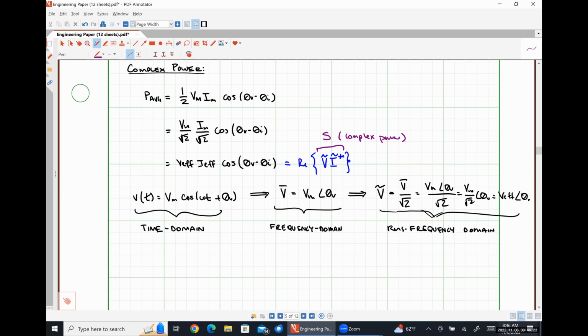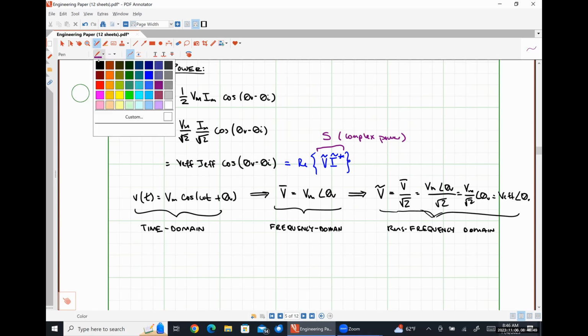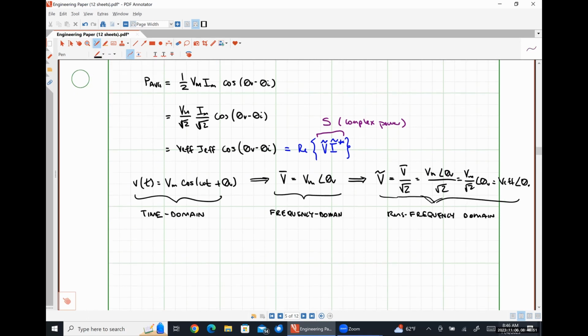So effectively, we have gone all the way back around from working in DC circuits where power is just I times V, to now in a steady state sinusoidal circuit, power is just the conjugate of I times V. So we are effectively back to our simple DC relationships, but now they work for power as well.